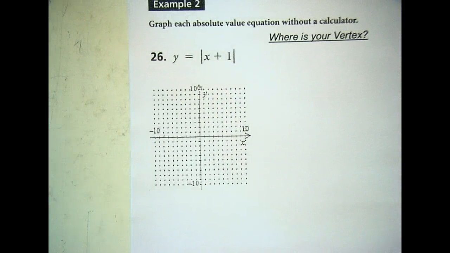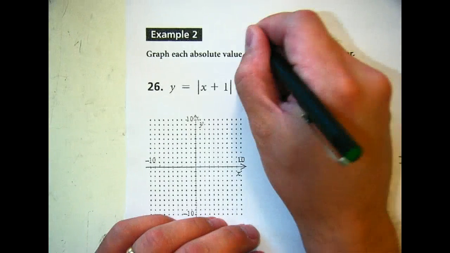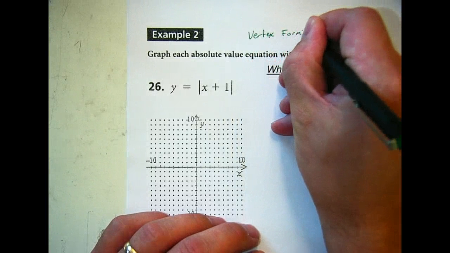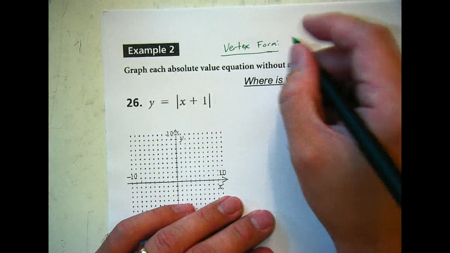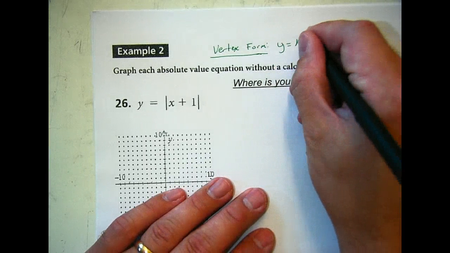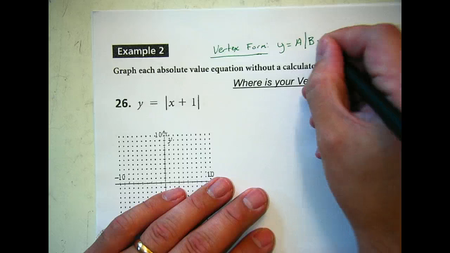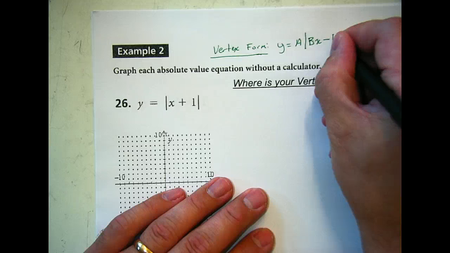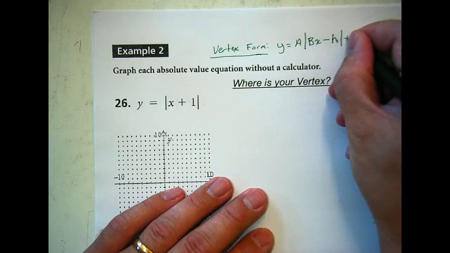And before we can do 26, let's talk about what the vertex form is. How many of you remember vertex form for an absolute value? Y equals a, absolute value, b, x minus h, plus k.